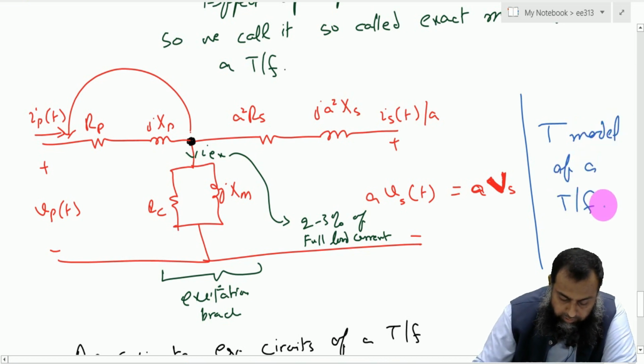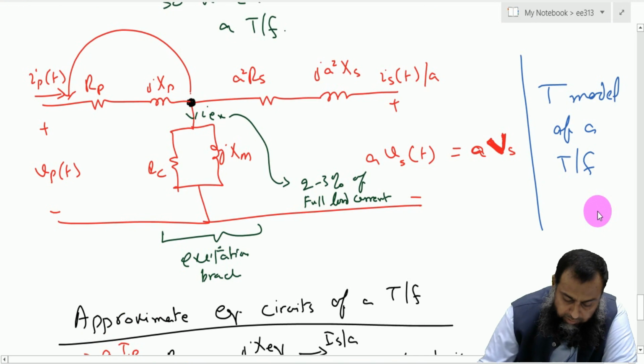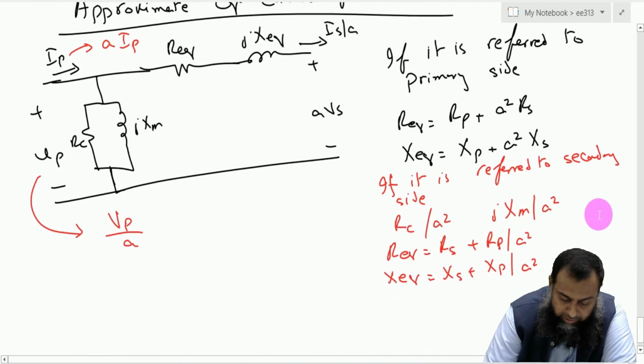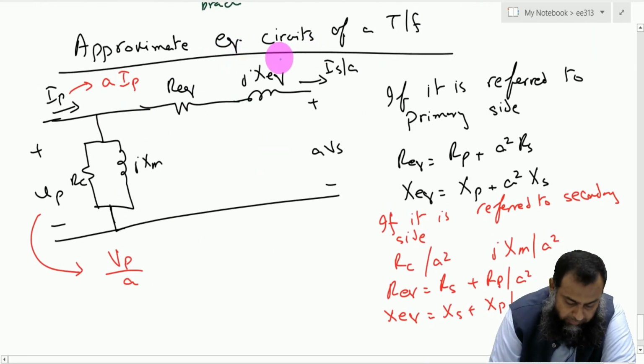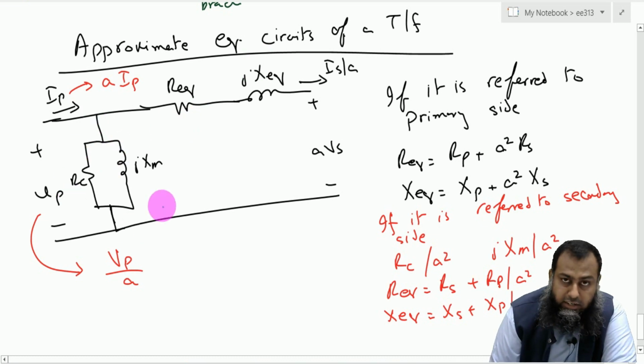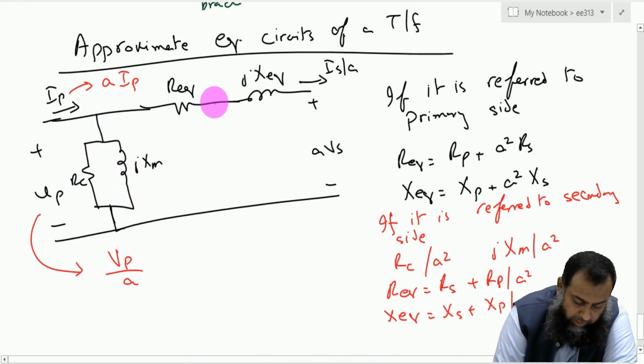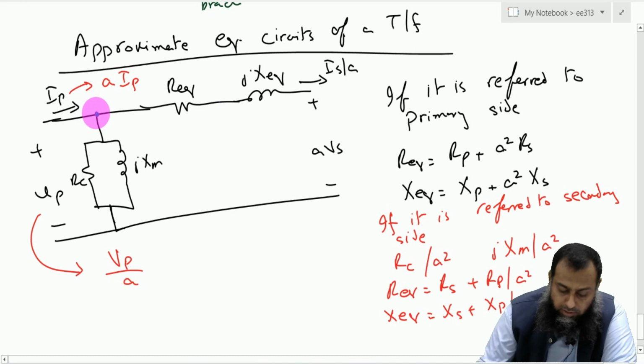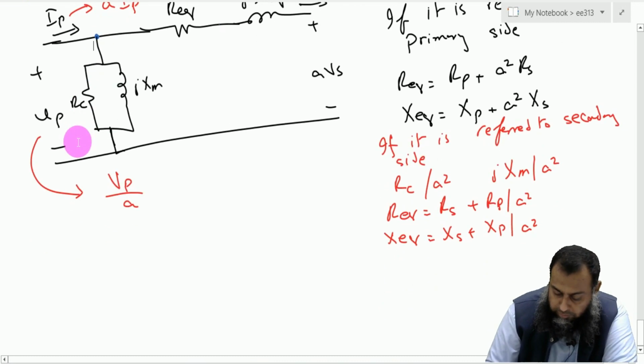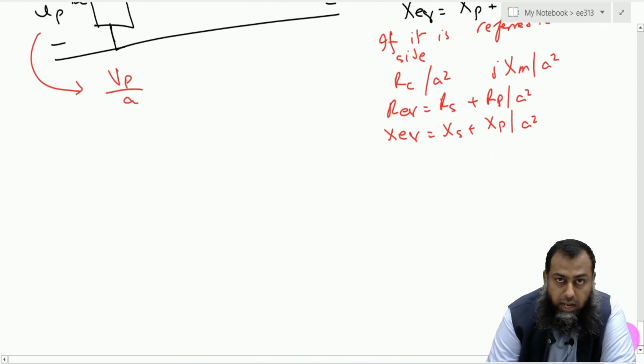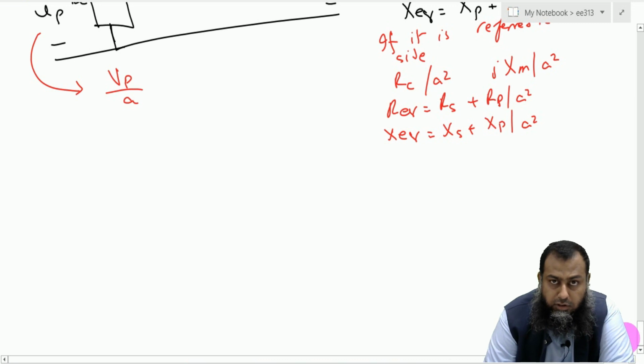So this is an exact model of a transformer. So we created an approximate equivalent circuit of a transformer by considering that this excitation branch can be moved from this middle point to this particular point. We can further simplify this given circuit based on the application and amount of the accuracy which is required for the analysis of a transformer.